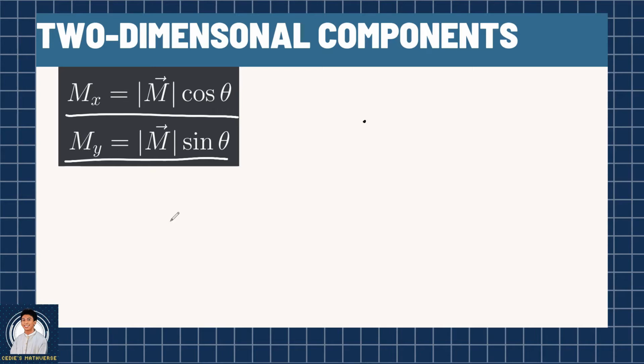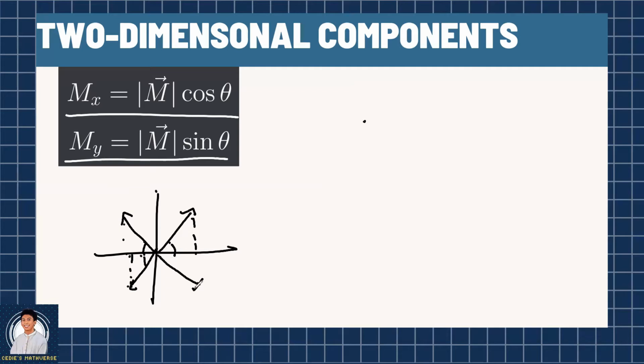Theta here is the angle they make with respect to the x-axis, which means this one if it is northeast, this one if it is northwest, this angle if it is southwest, and lastly, this one if it is southeast.